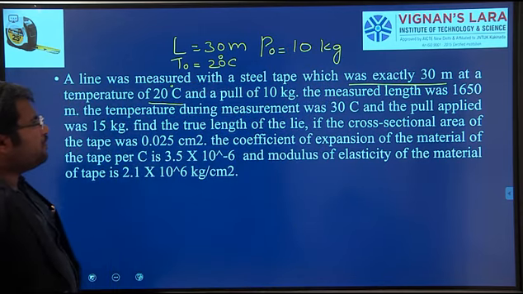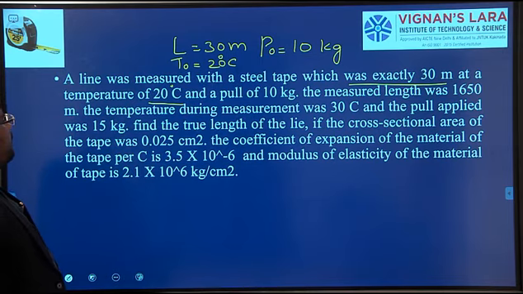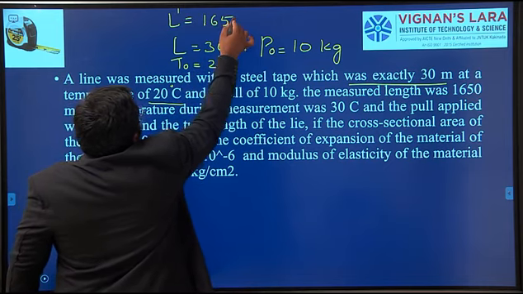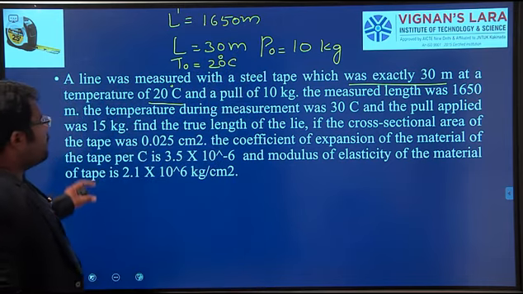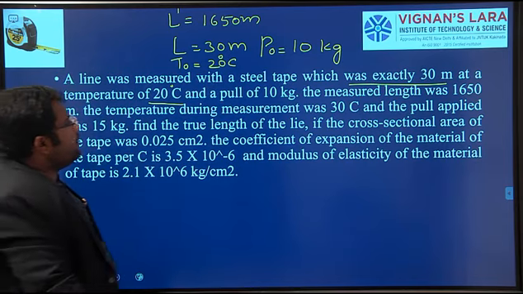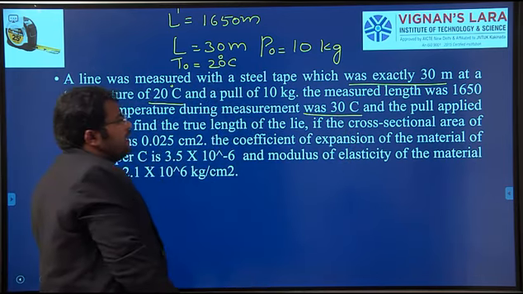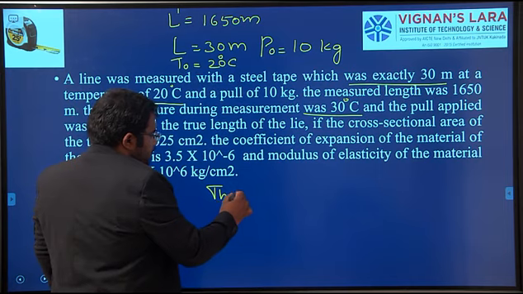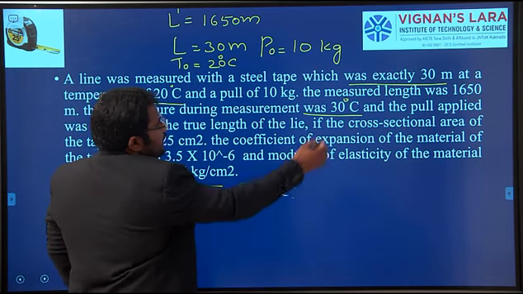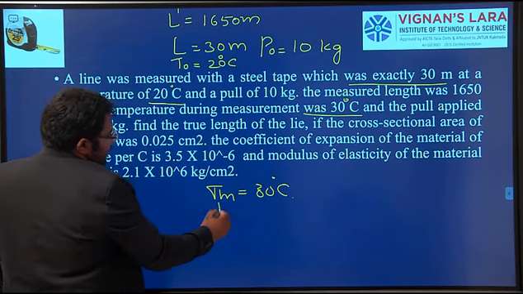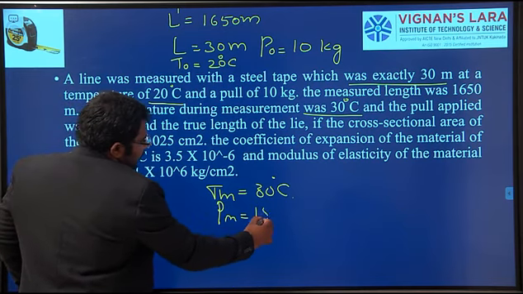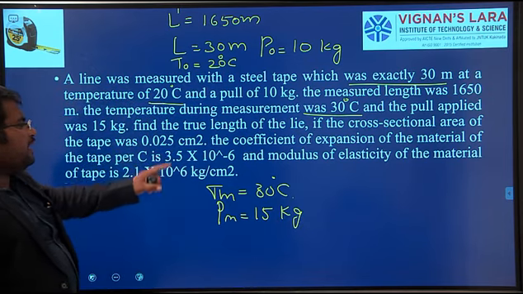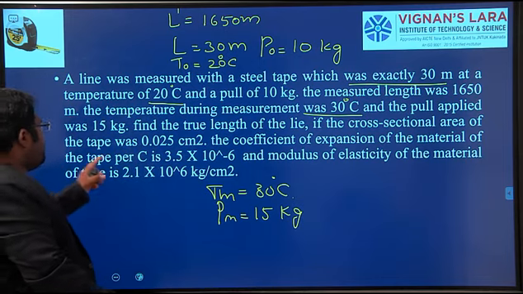The measured length was 1650 meters, L dash equals 1650 meters. The temperature during the measurement is 30 degrees centigrade, so Tm equals 30 degrees centigrade, and the pull applied, Pm, during measurement was 15 kg.